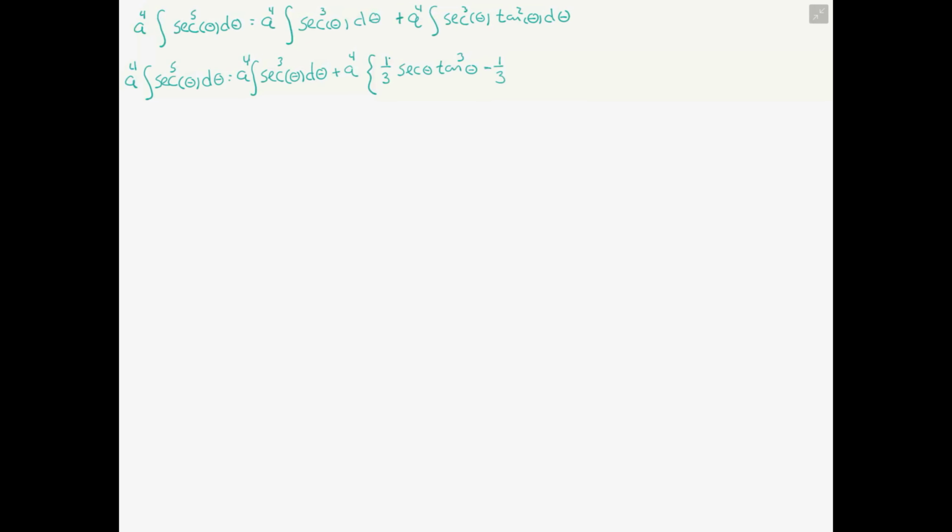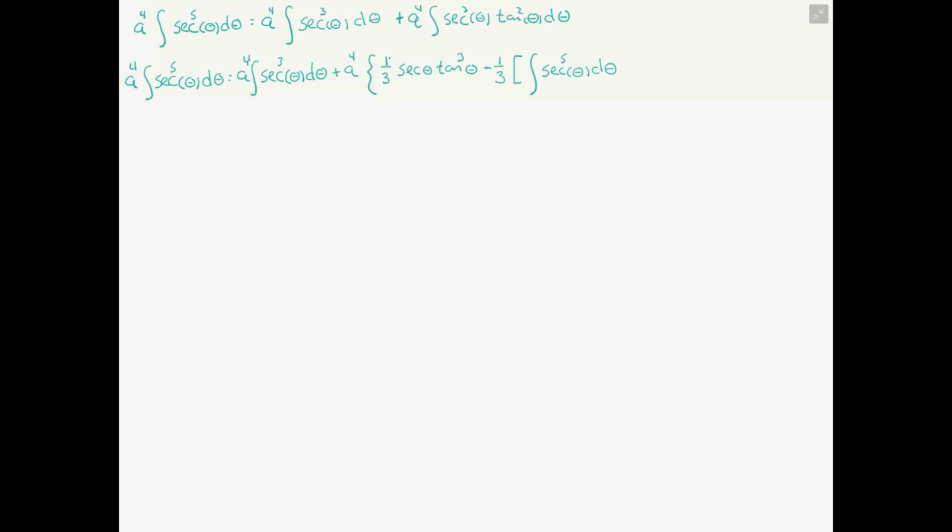Okay, so now we're putting in that second integral that contains the secant to the fifth theta d theta.